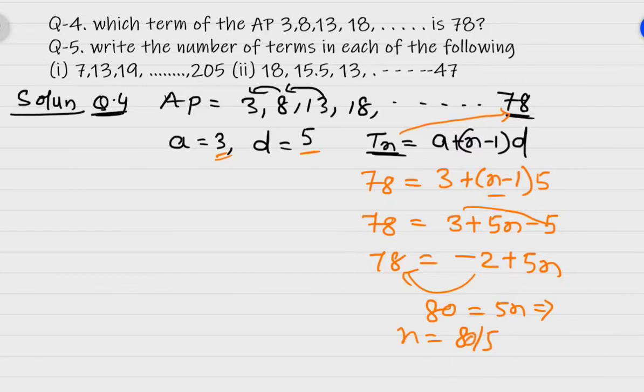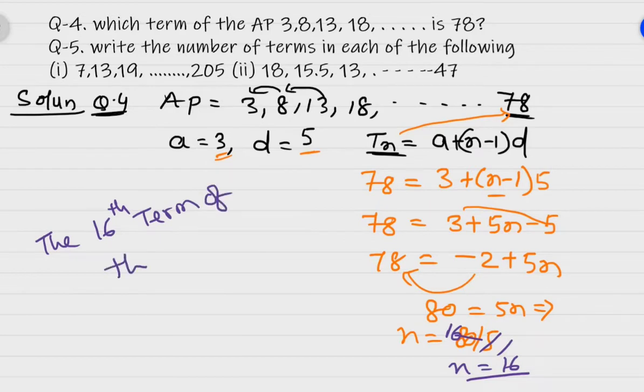Now 80 by 5 means 5 ones are 5, left 30, 5 sixes are 30. So the value of n is equal to 16. So the 16th term of the given AP is 78.